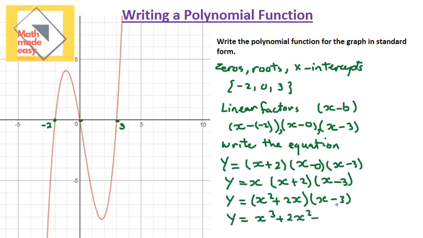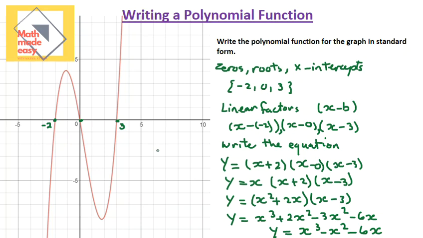Then -3 times x squared is -3x squared. Then -6x. When you simplify this, you get y equals x cubed minus x squared minus 6x. This here is the function or the equation that is represented by this graph.